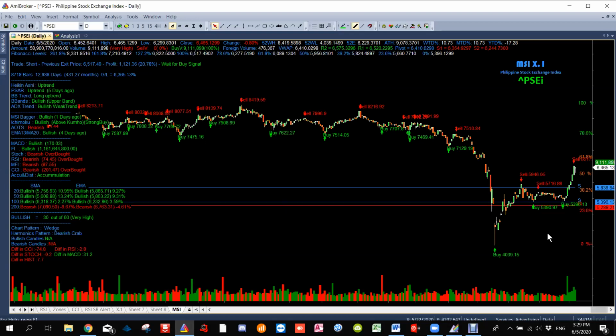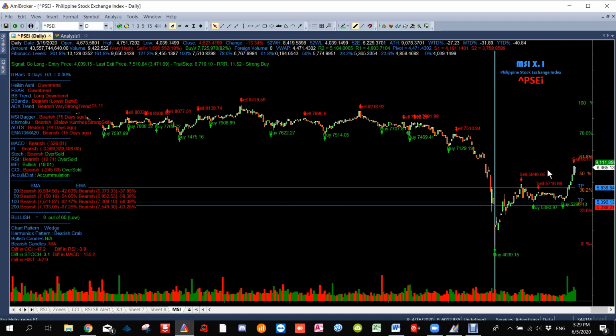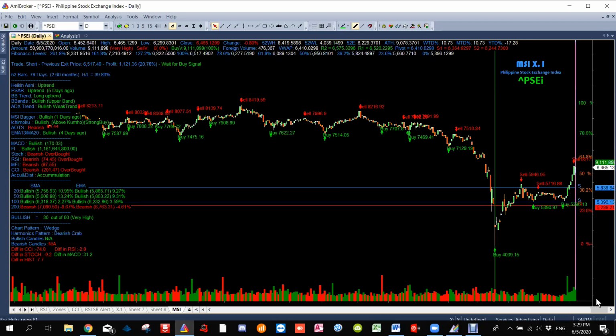For example, pag gagamitin mo siya, double click mo lang yung first candle mo and then double click yung last candle mo. Okay. So, ang sabi dito is it took 52 bars. So, anong assessment ang makukuha mo dyan?